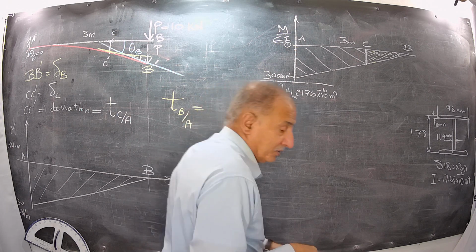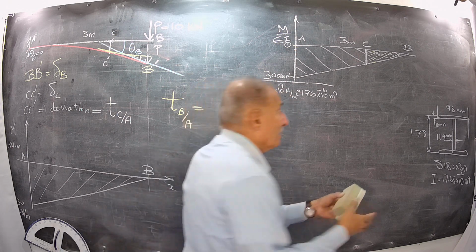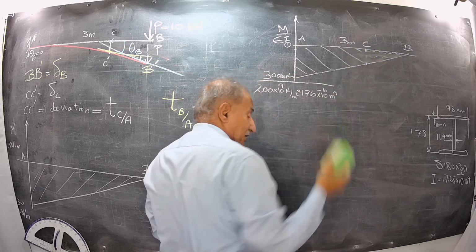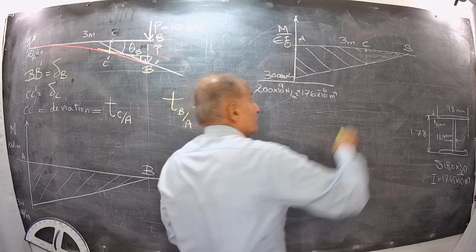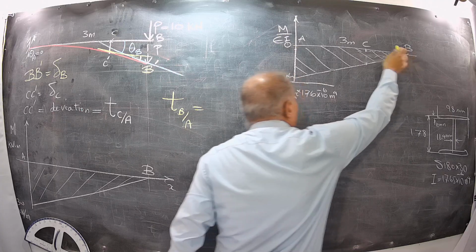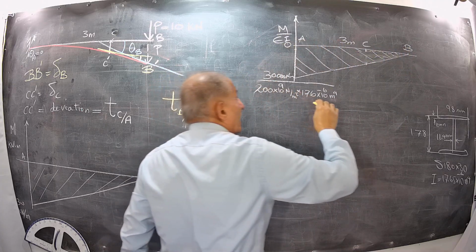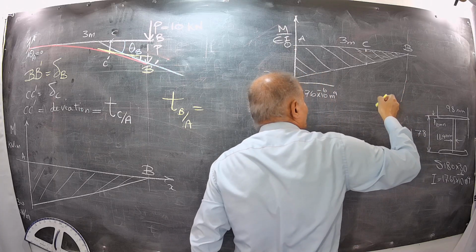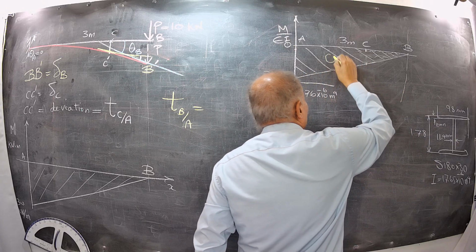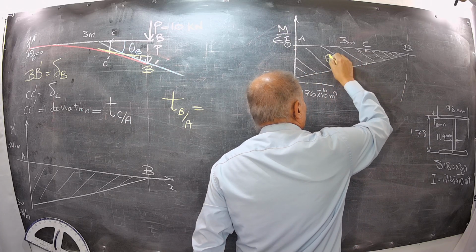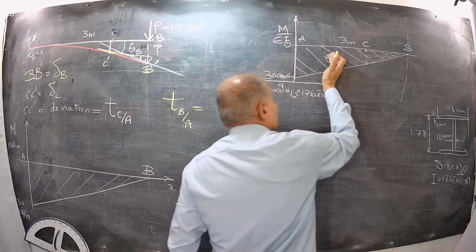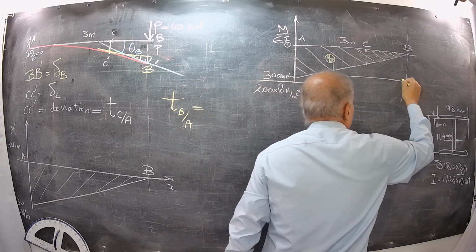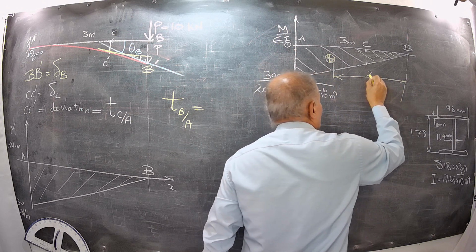They show the whole area under the M over EI diagram. This area between B and A times, we draw a line vertical to the axis X, find the centroid of the area, which is 2/3 from the vertex, 1/3 from the base. It is 3 meters, it should be 2 meters.